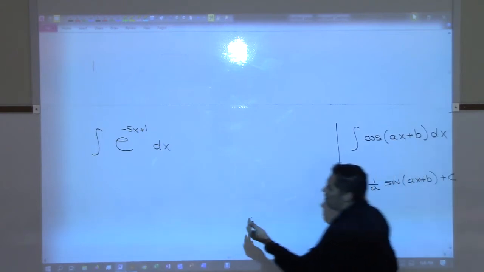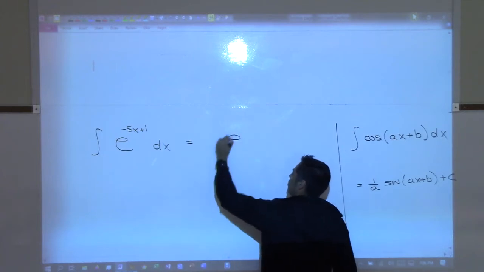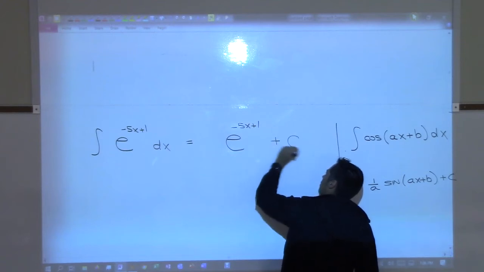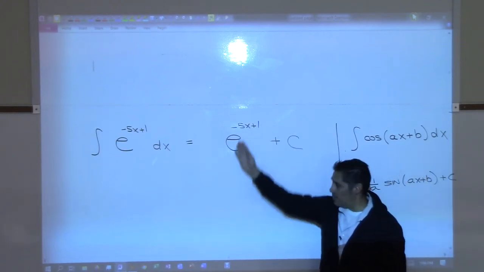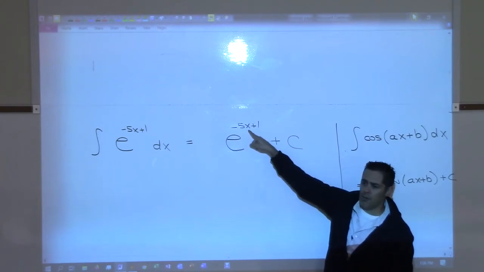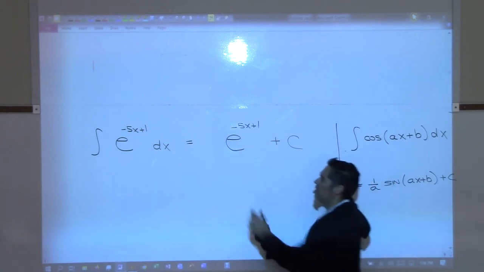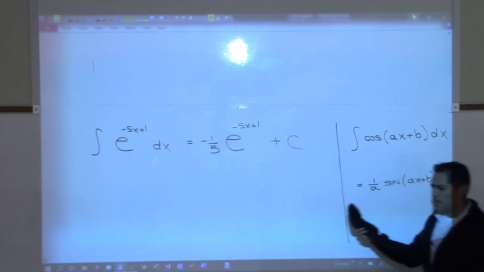If we know the antiderivative of e to something, it should be e to that something, and then plus a constant. But we could check this: if we took the derivative, we would get itself, and then times the derivative of what's up here, which would be negative 5, but we don't want that negative 5, so we'd have to scale by it. So we would need a negative 1/5 out here. Is this making sense? Yes.